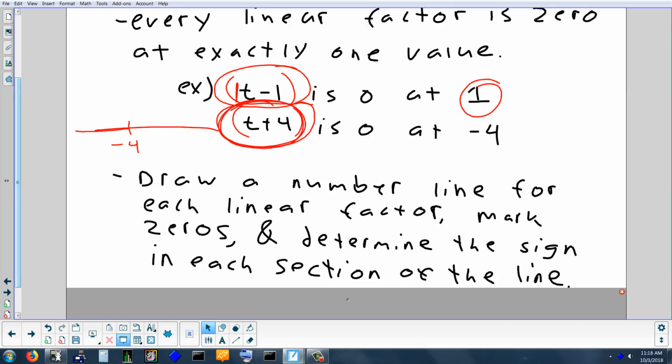I'll pick a number smaller than -4, do -5. -5 plus 4 is -1. So any number in that section will give a negative result. Pick a number bigger than -4. 2. Doesn't matter. Pick anything. 2 plus 4 is 6. That's a positive. That means any number in this section, continuing on forever to the right, will give me a positive result. That's what I'm trying to explain right here.